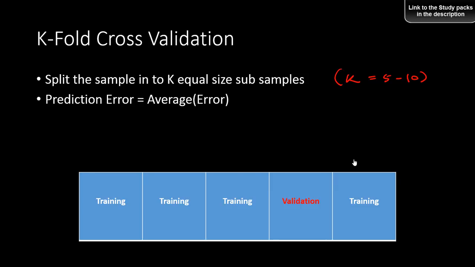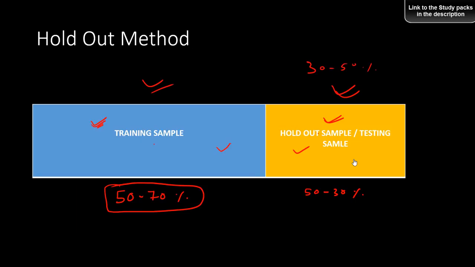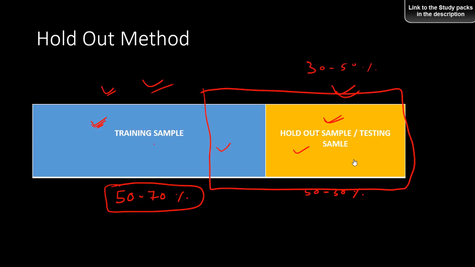The issue with this sort of validation technique is that it all depends on how we choose the training sample. We have just taken the left hand portion of the data as the training sample. Imagine we take this other portion as the training sample, whereas this one would be our holdout sample. In that case, the model might behave differently.